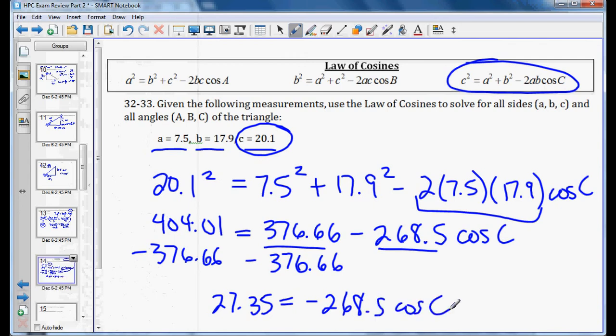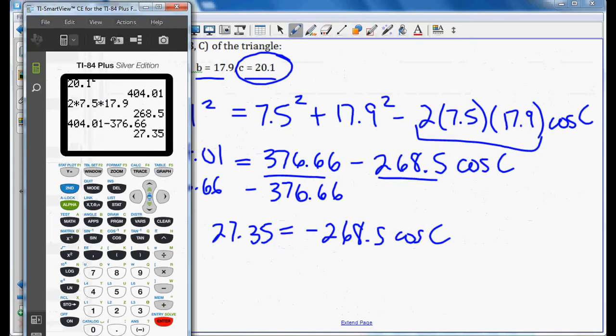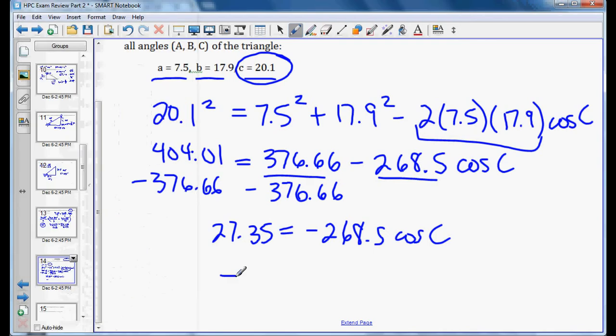We get negative 0.101 is equal to cosine of angle C. Again, to figure out the angle, we need to do arc cosine or inverse cosine of that number. Use that exact number by using the answer key, and we get 95.85 for angle C.